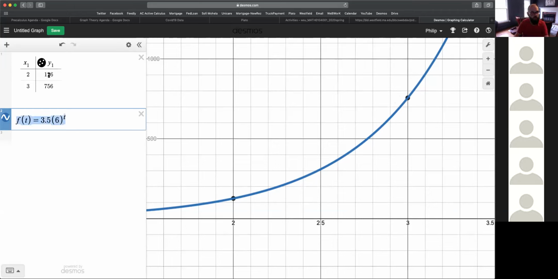Okay, so given any 2 data points, we can figure out what exponential function goes through those 2 points. What I'm going to bring up next, just a quick warning, is the number of cases in the United States.